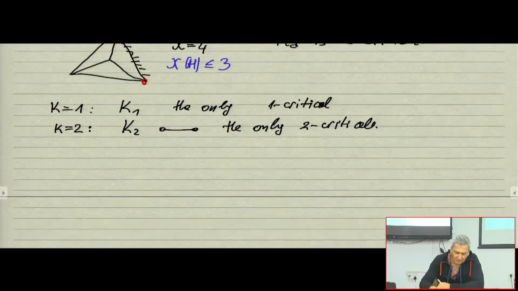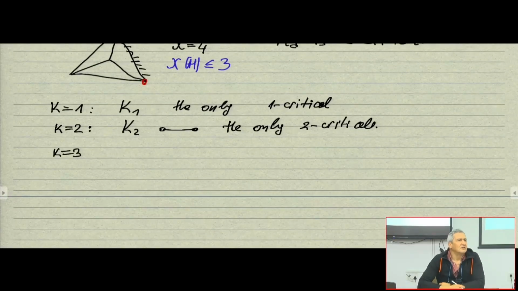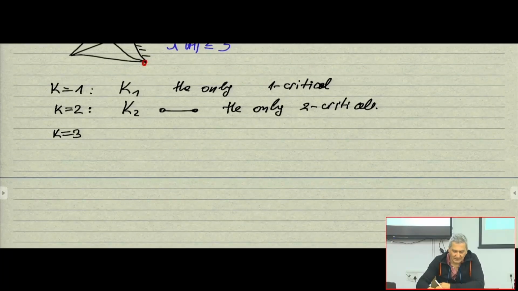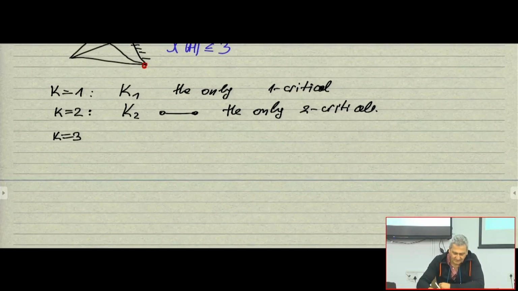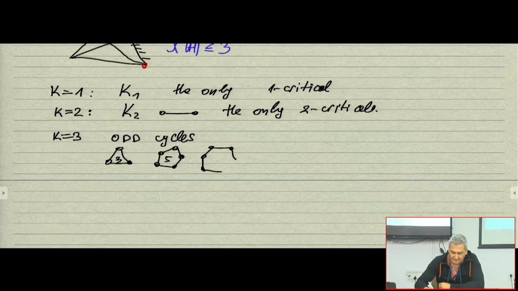Okay, for k equal to 3. Yes, exactly, this is the odd cycles. So this is the triangle, this is the 5-cycle, 7-cycle, and so on.